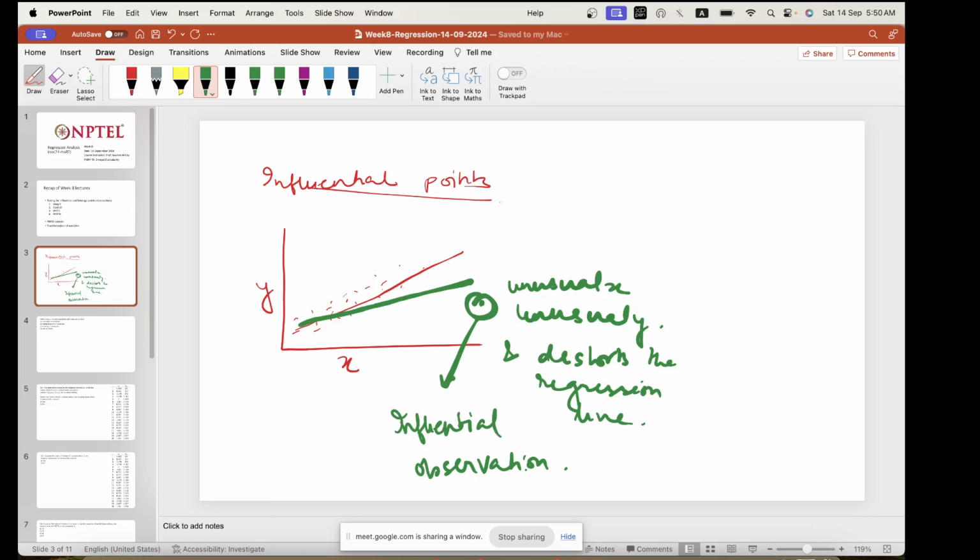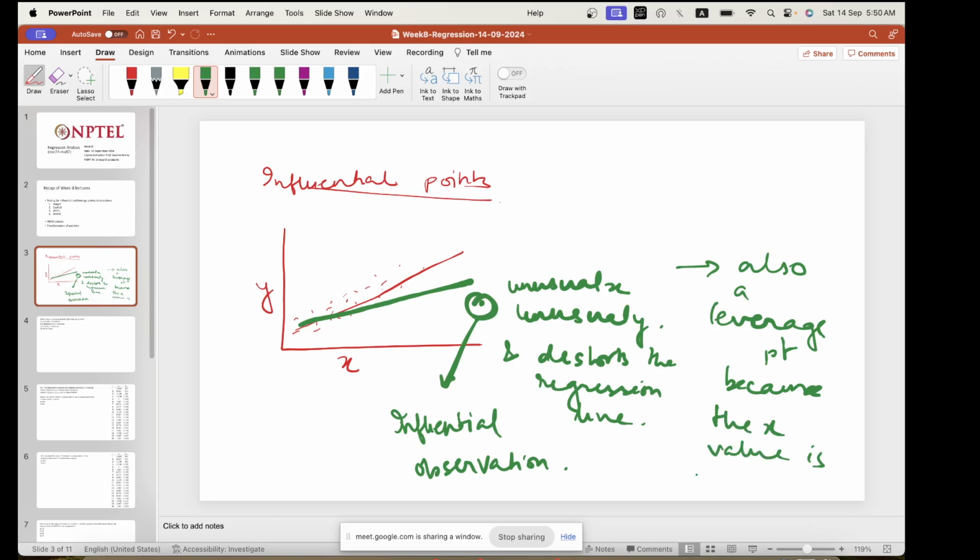And on the other hand, this is also a leverage point because the x value is unusual. So the mean of x should be somewhere over here.